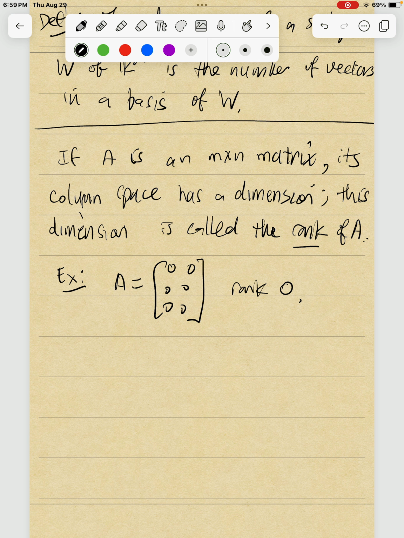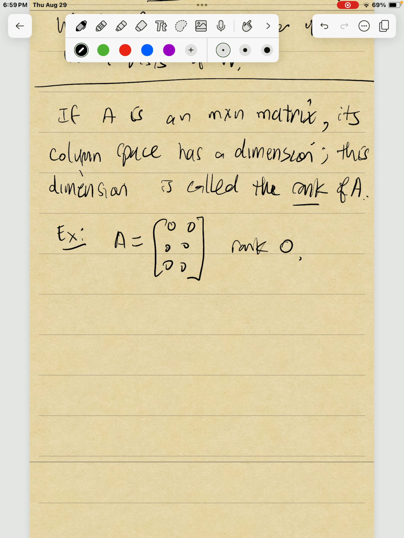But in the case of the so-called 0 subspace, we just define the dimension to be 0. If we're pressed, we would say that a basis for that is the empty set, but that's not something we worry too much about. If you just say that a basis is an empty set and the 0 subspace is 0 dimensional, that is correct.